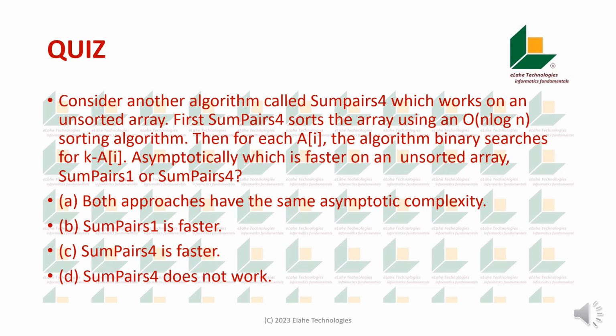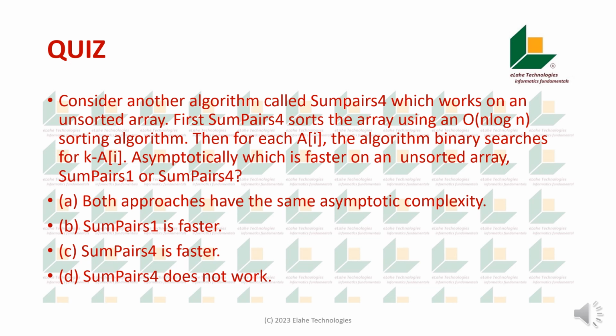Another question. Consider another algorithm called SUMPAIRS4 which works on an unsorted array. First, SUMPAIRS4 sorts the array using an O(n log n) sorting algorithm. Then for each i, the algorithm binary searches for k minus a[i]. Asymptotically which is faster on an unsorted array, SUMPAIRS1 or SUMPAIRS4?